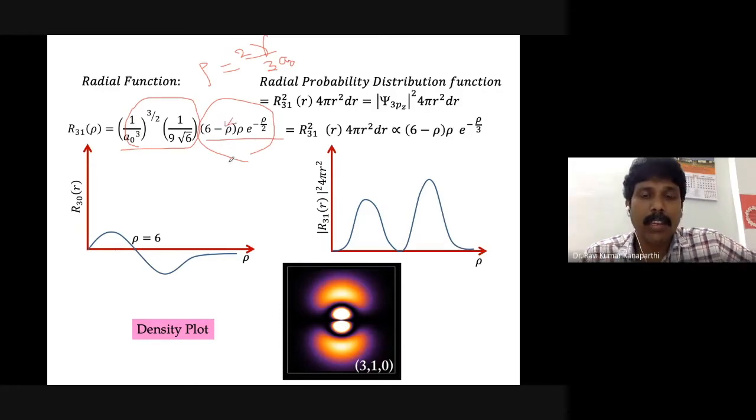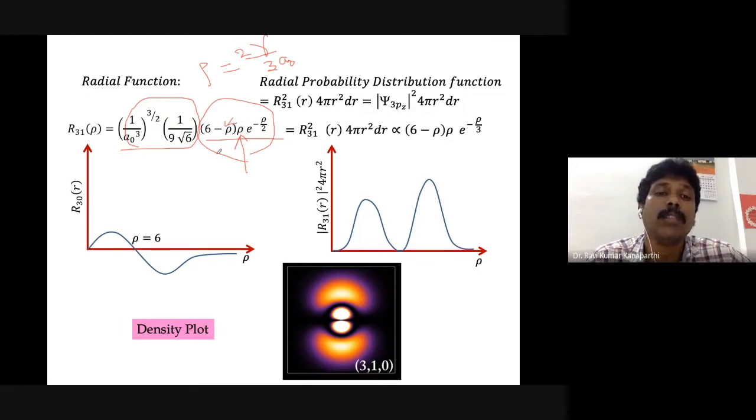Its function we can predict by looking at the function. Suppose rho is equal to 0, that means r is equal to 0. Suppose you are at the origin, what will happen? If you substitute r equal to 0, obviously the total function becomes 0.